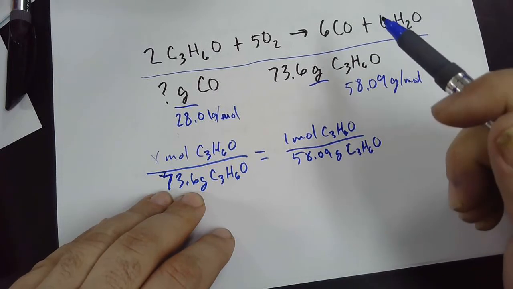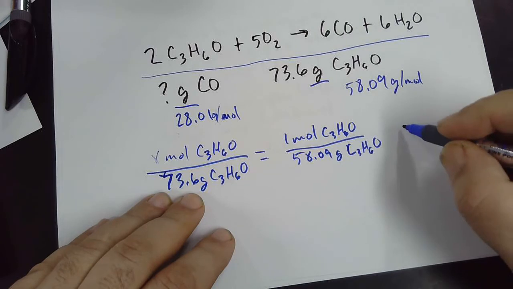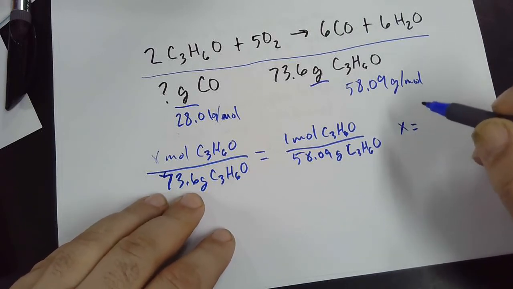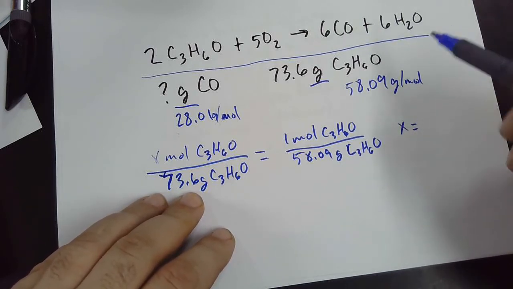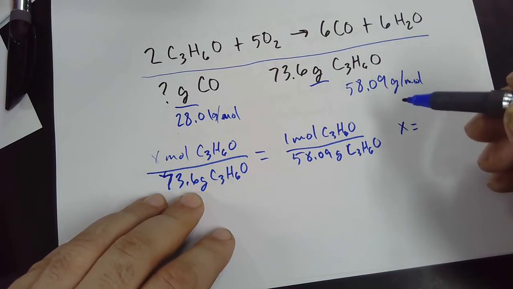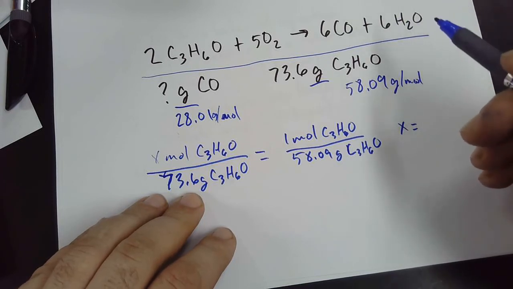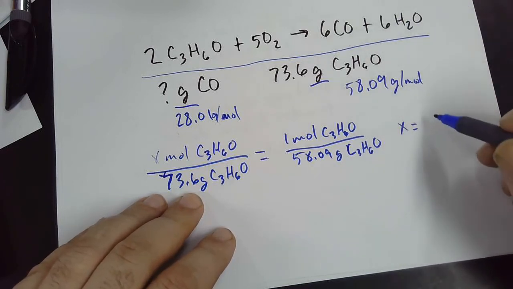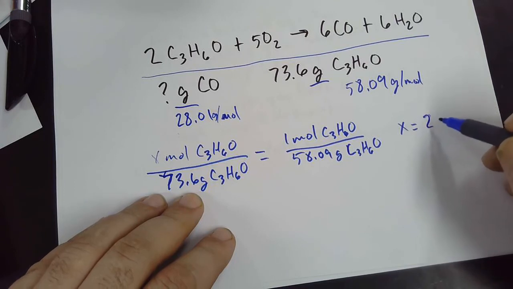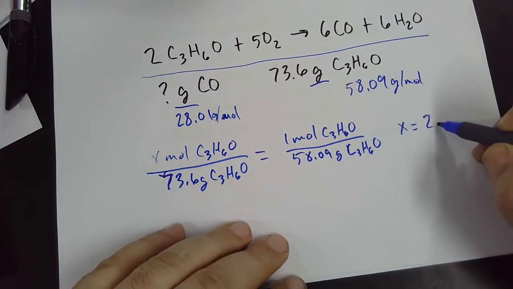Anybody have a calculator out? Want to calculate that for us? Ben is on it. What is it? 73.6 divided by 58.09. And remember, we're going into moles now, so we should try to get 3 decimals if we can. 2.66 or 2.67. 3 decimals. 2.669.